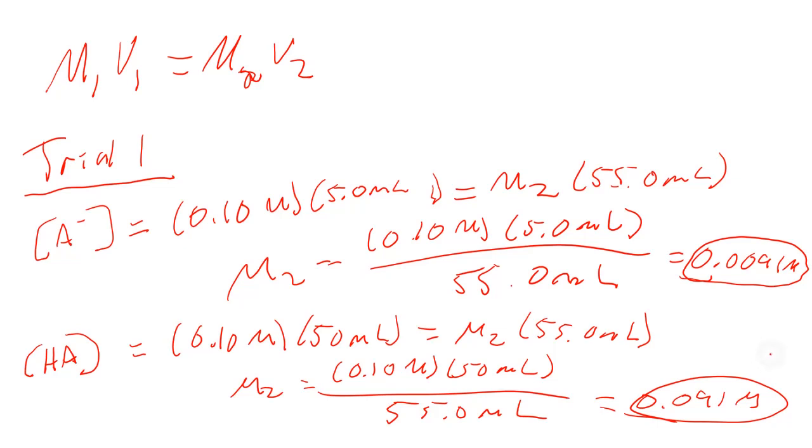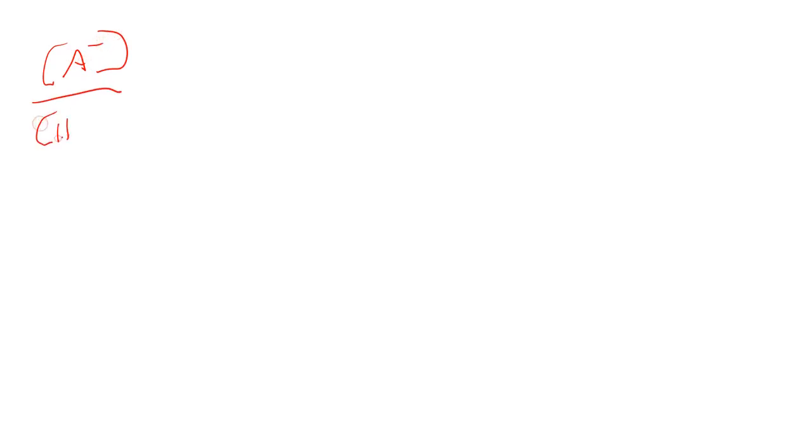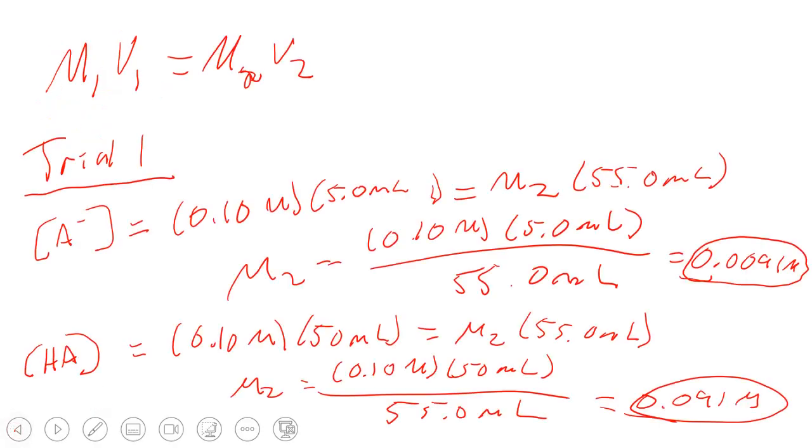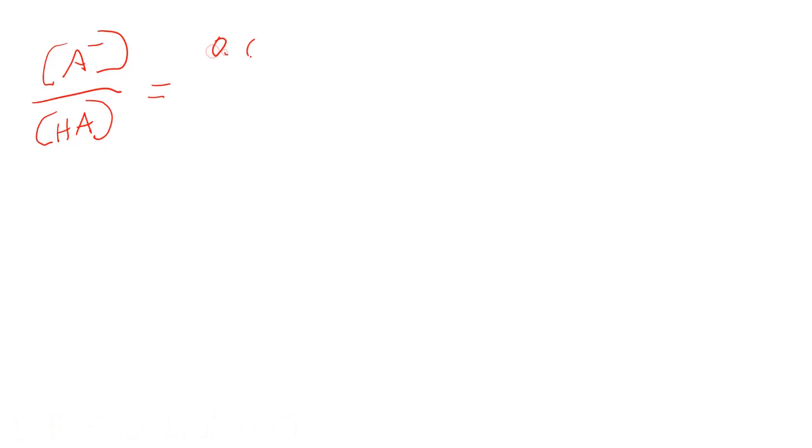But let's go ahead and talk about what else you need to do in your table. You're going to calculate A negative over HA. For example, in this case, we're going to take the numbers that we came up with, 0.0091 divided by 0.091, and don't use the rounded values.